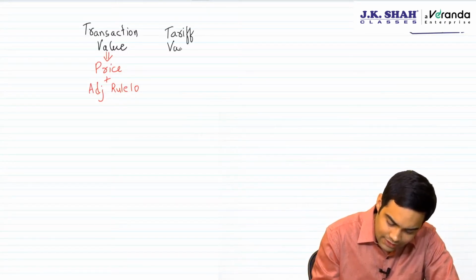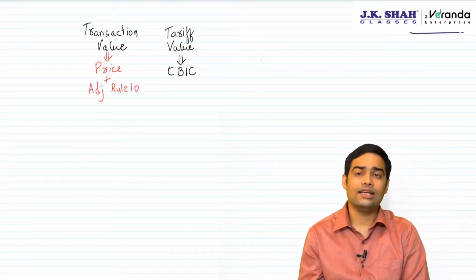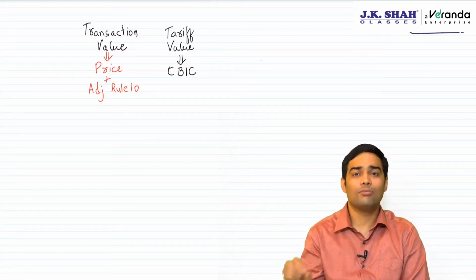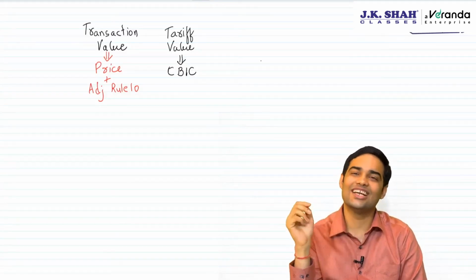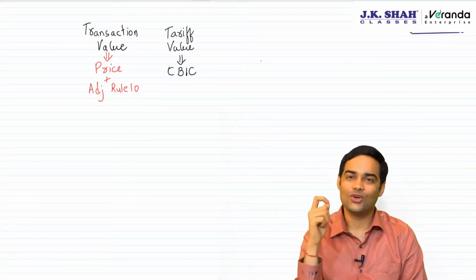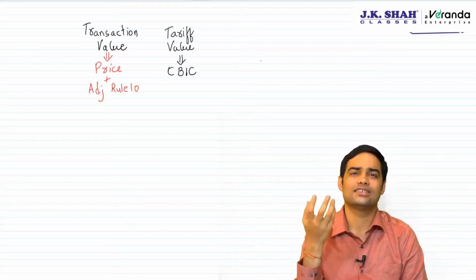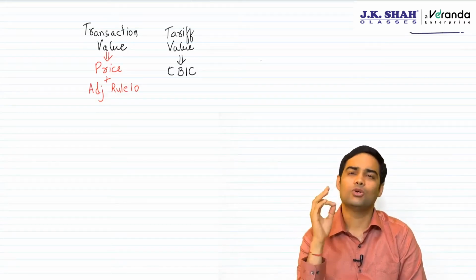See, tariff value: CBIC has got a power to notify value for certain goods or services. Obviously, services will not come. Be very careful on this. It's only goods. So, tariff value for goods which are mentioned in the Custom Tariff Act, for specific goods, CBIC can decide and put a value.